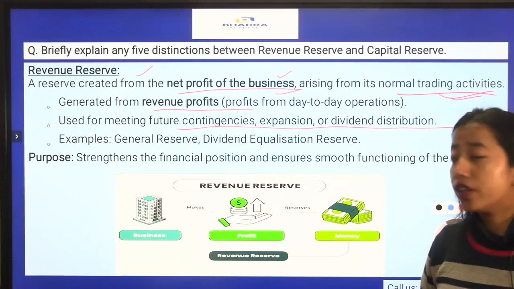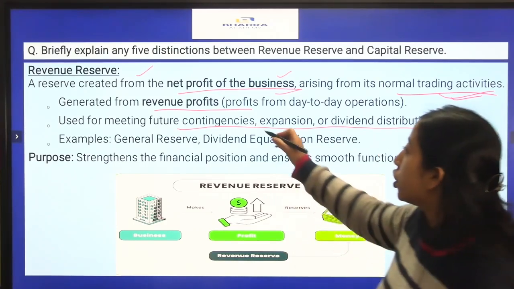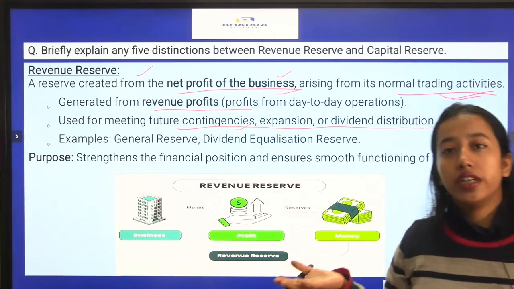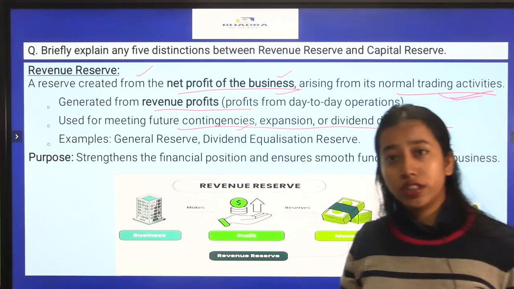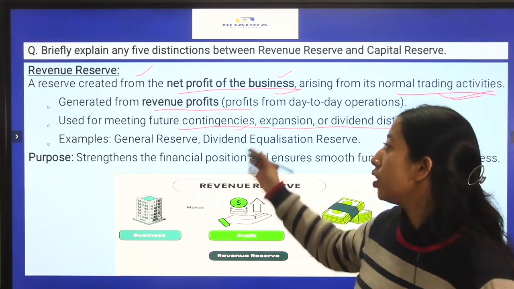Why is that money kept aside? For future contingencies: due to certain events we don't know, certain kinds of losses, maybe a need for money arises in the future. That is known as contingencies.